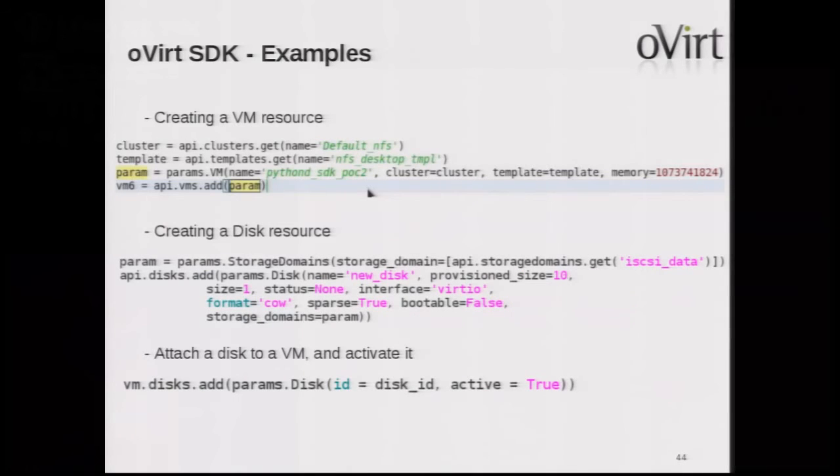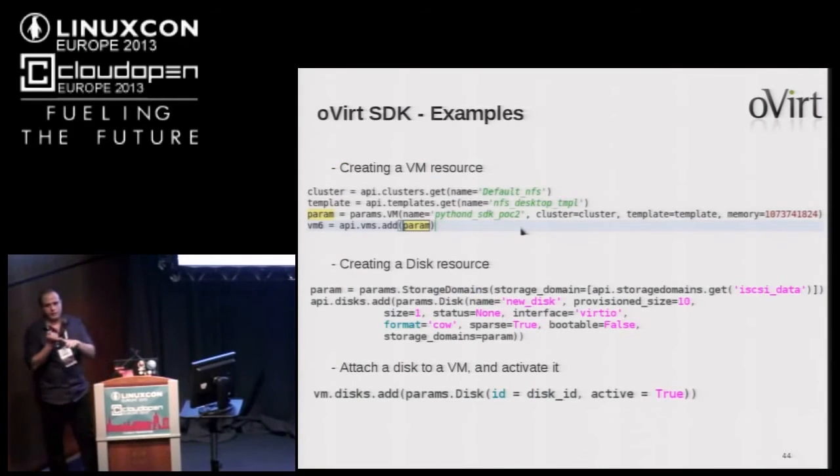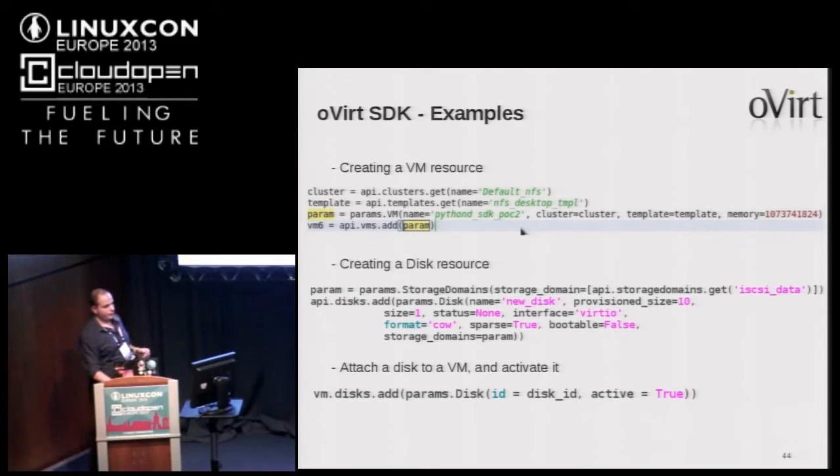Here is an example for creating a new VM. In order to create a VM, I need to say what cluster I want the VM to be in, from what template to create that, and that's practically it. I can pass more parameters, but these are the mandatory ones. First of all, I get the specific cluster I want. Then I get the template I want.